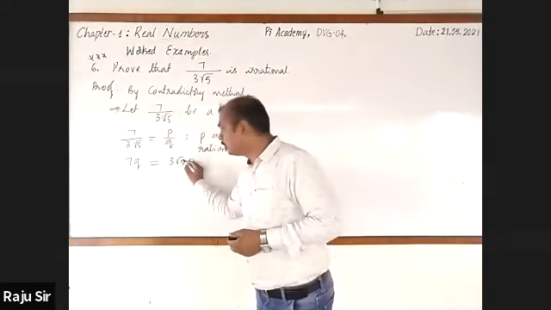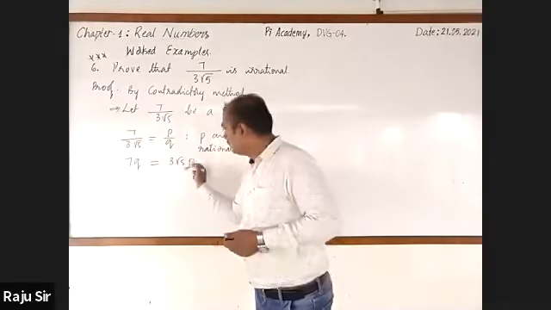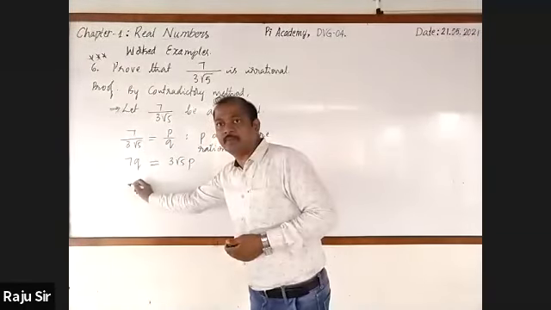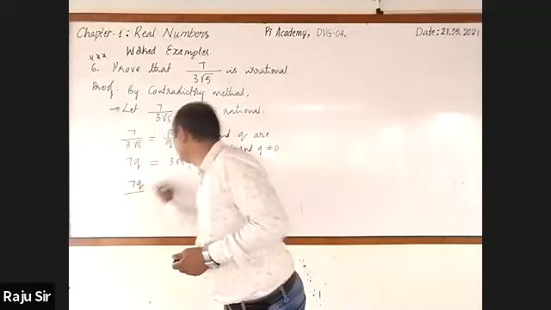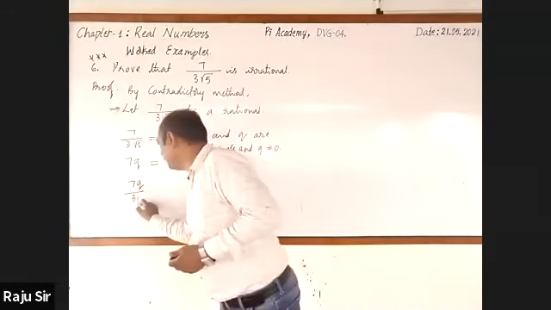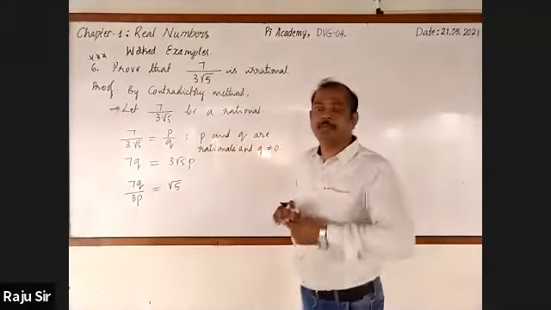Next, we want only root 5. We have other terms 3 and P. Transpose these to the denominator. Now I can write this as 7Q by 3P, which is equal to root 5. Hope you have understood.